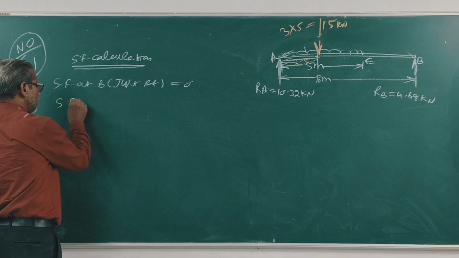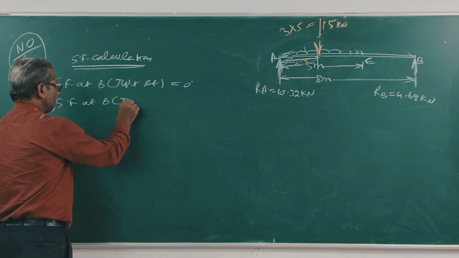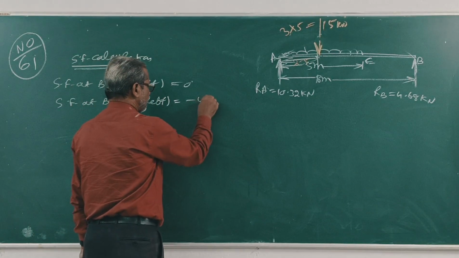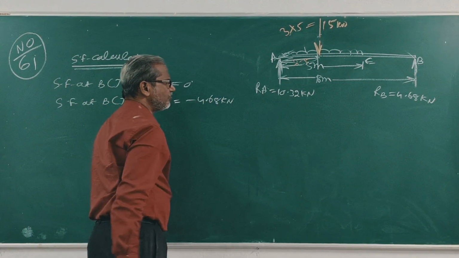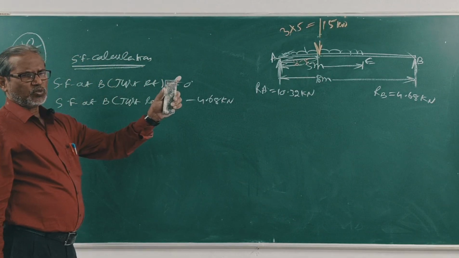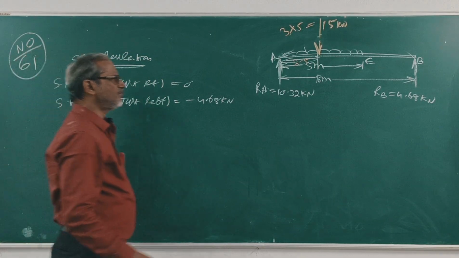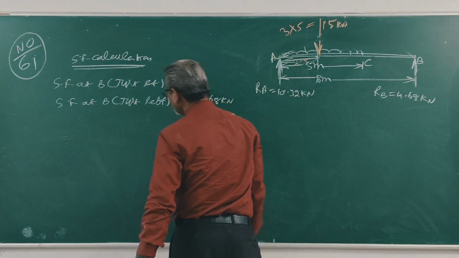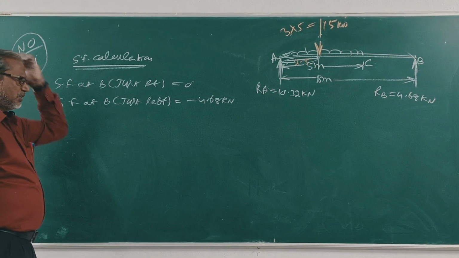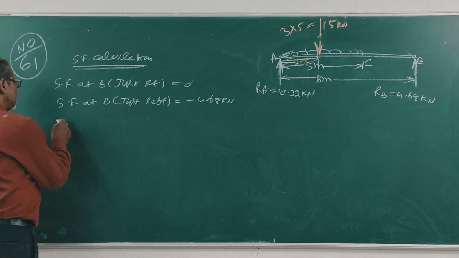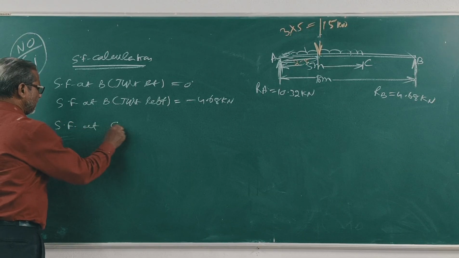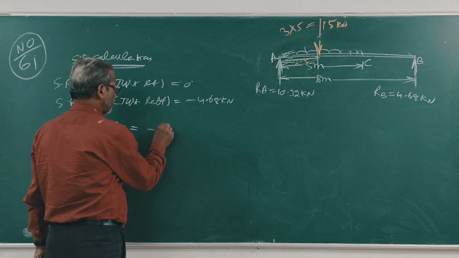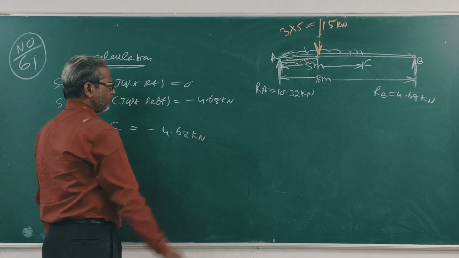Shear force at B just left, minus 4.68. Right? This continues from B left to C. This point C. Now shear force at C is equal to minus 4.68 kilonewton.